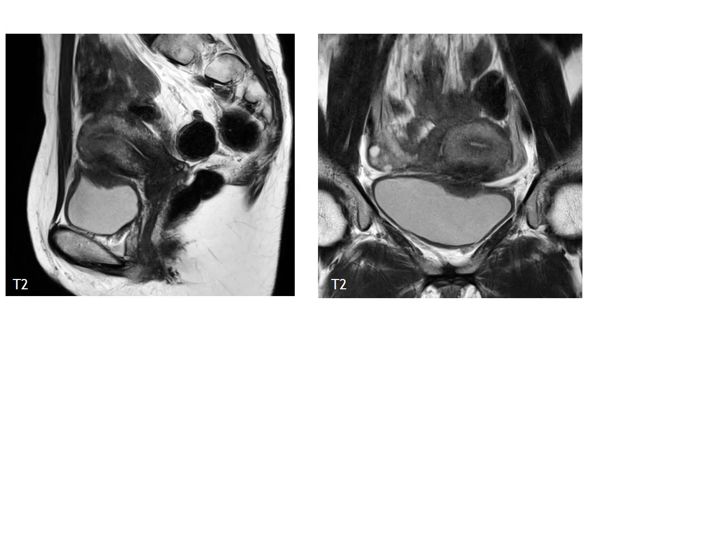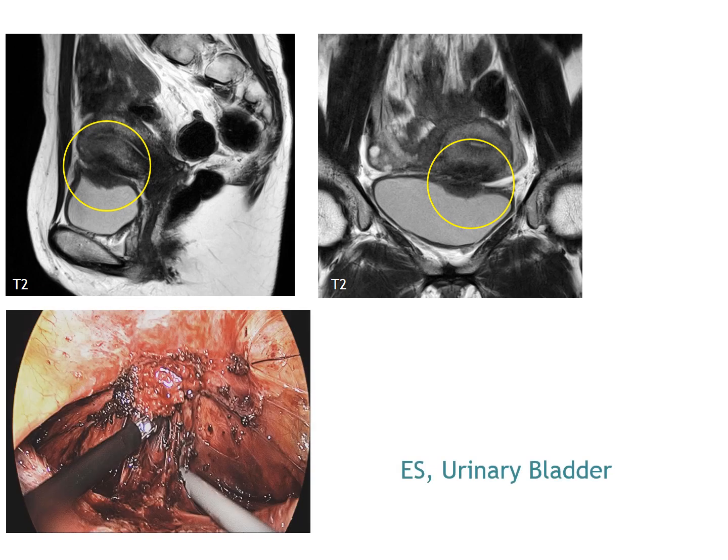This is a case of deep infiltrating endometriosis involving urinary bladder. You see irregular low signal intensity infiltrations across the uterus and bladder. And this is a laparoscopic image showing those infiltrations and adhesions.